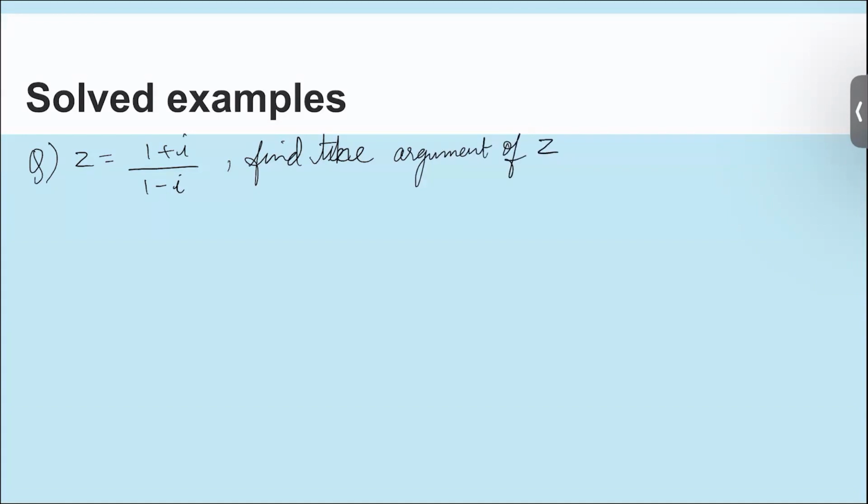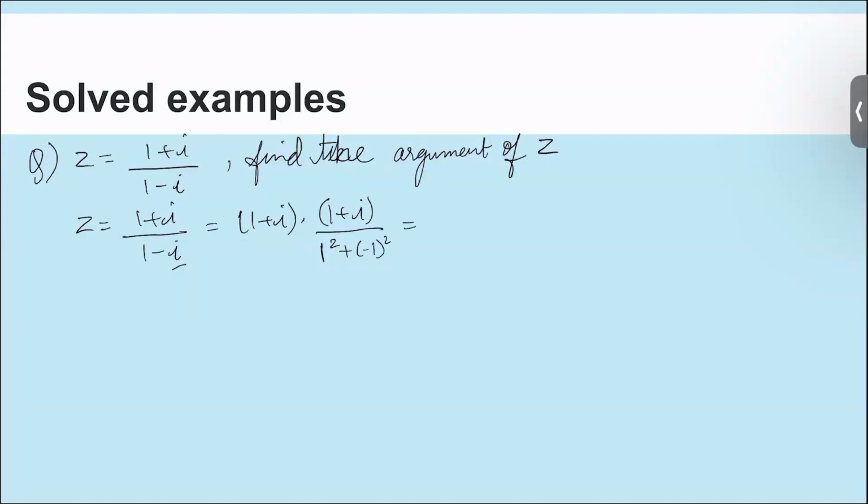Okay, so first simplify this. You have 1 plus i upon 1 minus i. Again, we can write the denominator in the form of z inverse. So you will have 1 plus i multiplied by the conjugate of the denominator, so that is 1 plus i, and you get the square of the modulus of the denominator, which would be 1 squared plus minus 1 squared.